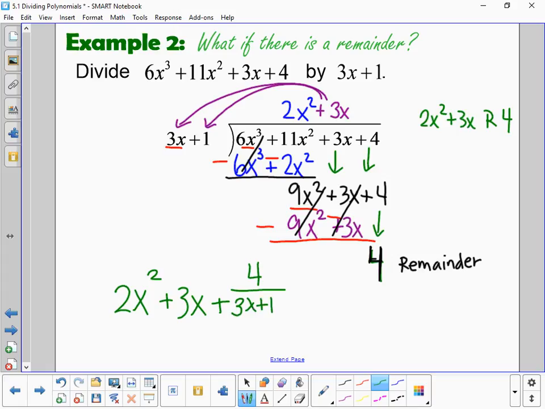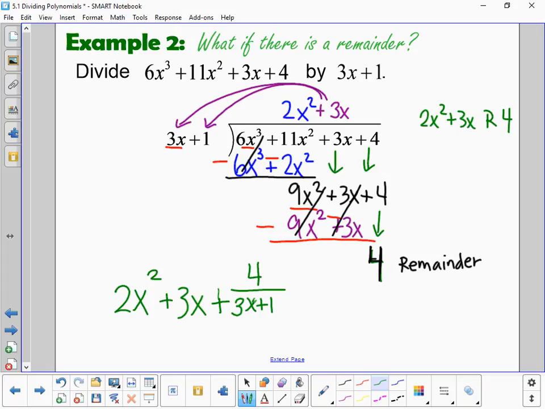Kind of like when you're dividing by 2 and you add a remainder 1, you put that 1 over that 2 that you were dividing by. It works kind of the same. We put our remainder over the top of what we were dividing by. That's some good handwriting right there.